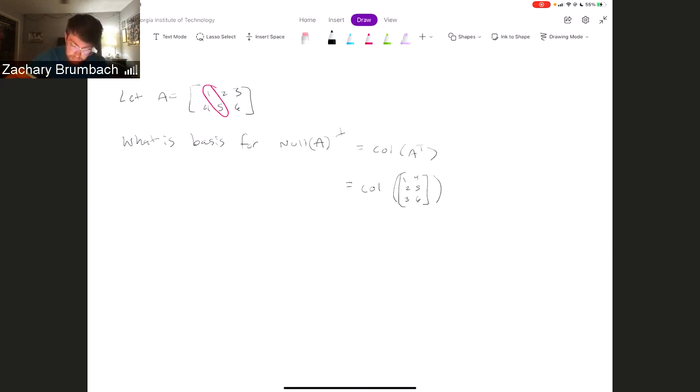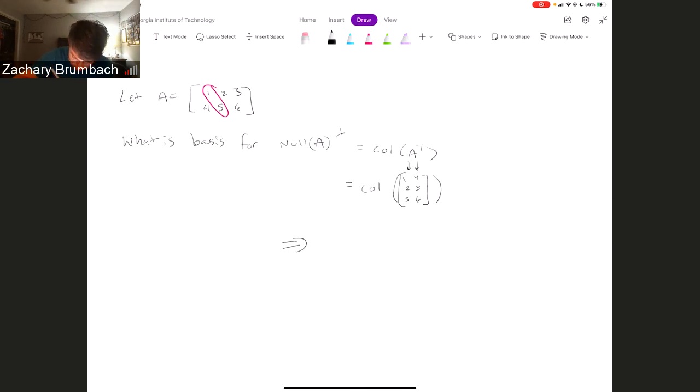Okay. So what you're going to find is these two vectors here. Now this is just a column space problem. We're finding the column space of this matrix, and you're going to find that these are two linearly independent vectors.